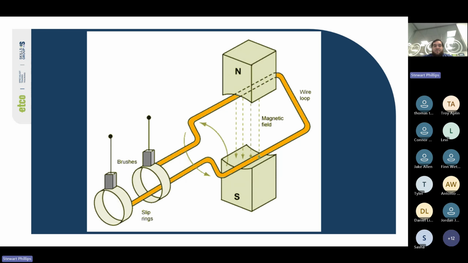That is the most basic type of alternator you can find. It's what we look at for this.